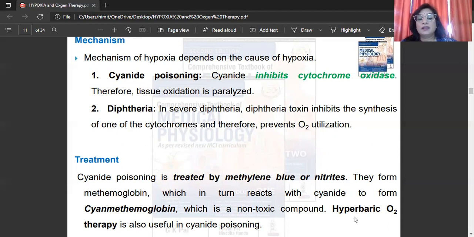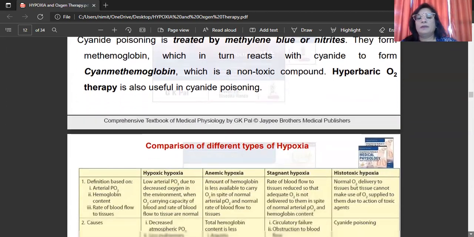Hyperbaric oxygen therapy is also useful in cyanide poisoning. So one is the treatment with methylene blue and nitrites, and another is hyperbaric oxygen therapy.